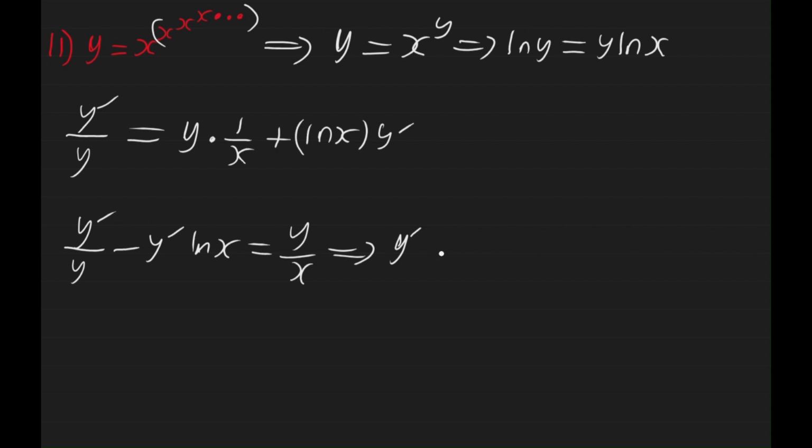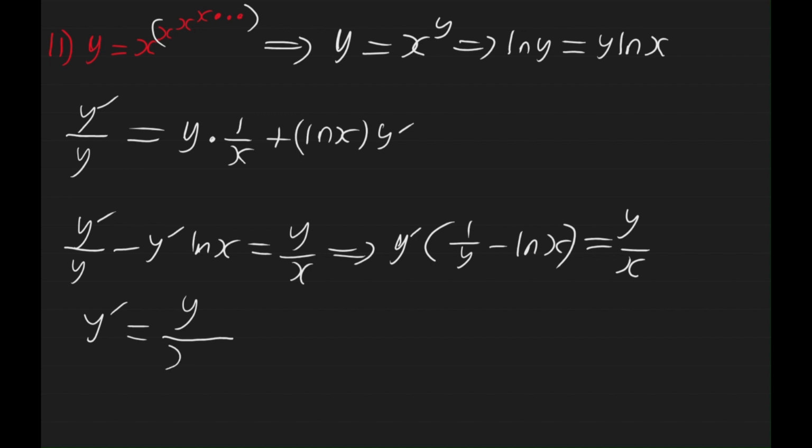Let's make it in 2 steps. So now 1 over y minus ln x equal to y over x. And now you can divide by this, which y dash is going to be equal to y over x multiplied by 1 over y minus ln x.